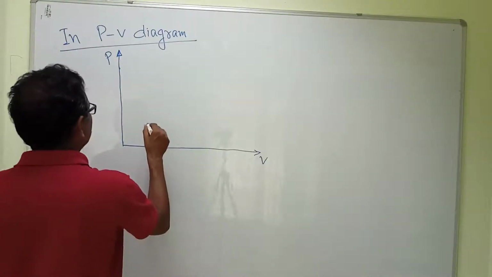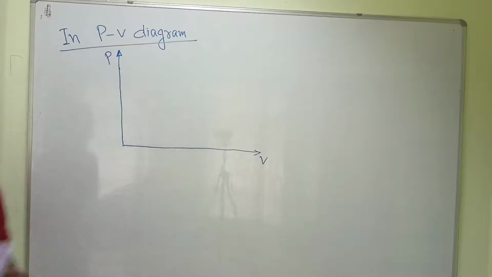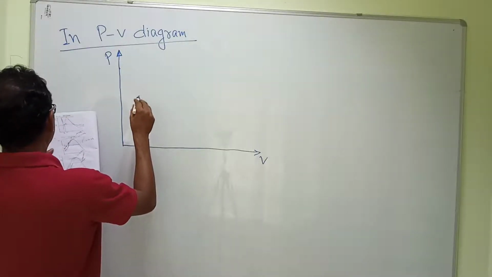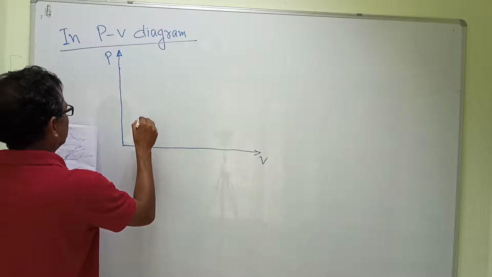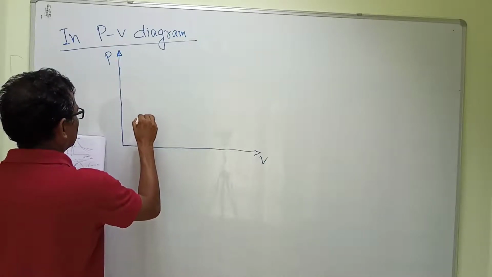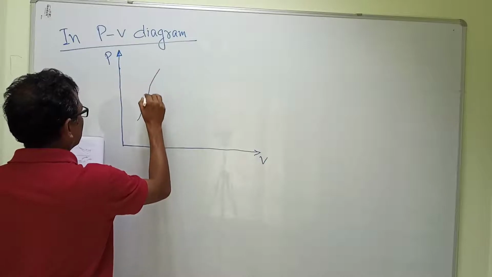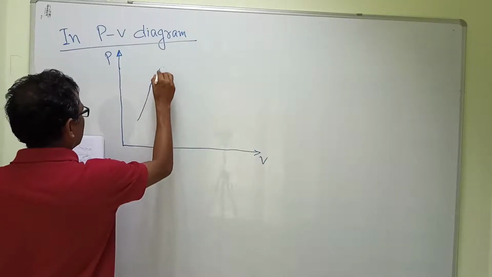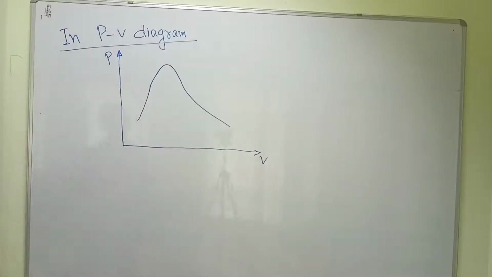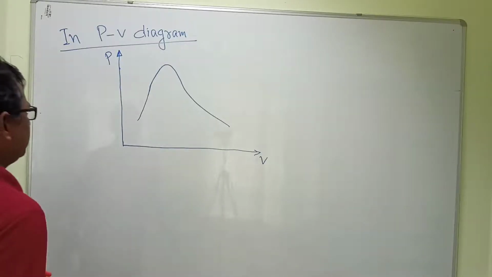So the PV diagram looks like this, if I use another color it will be better probably. This is what a typical PV diagram is.